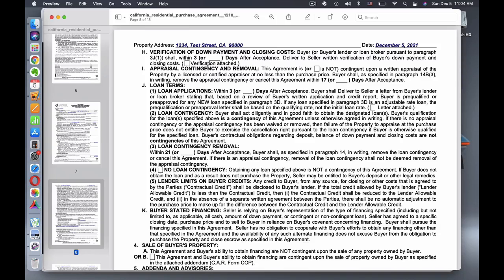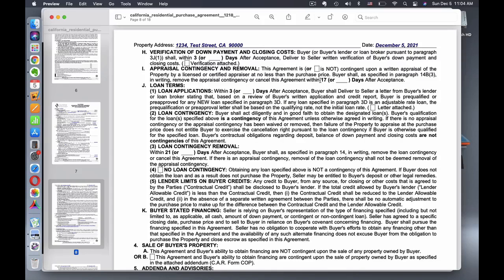The second is an appraisal contingency and removal. So this is a standard setup for a 17-day contingency to get an appraiser in and get an appraisal value on the property. If the appraisal comes in at the contract price, in this case $500,000, or higher, then this appraisal contingency pretty much is removed because it's come in at the price.